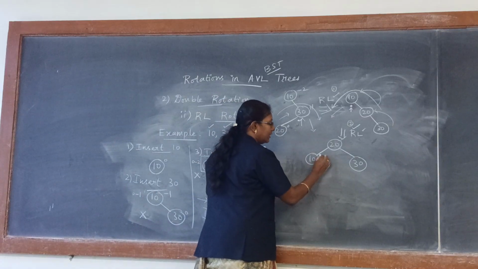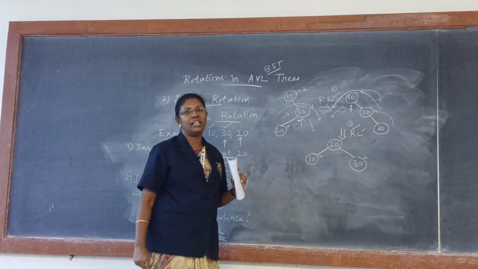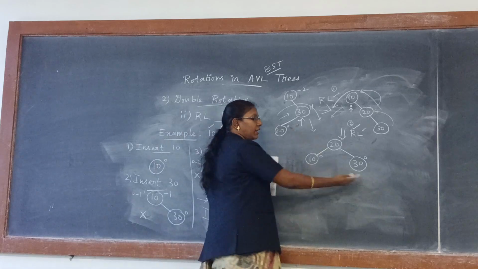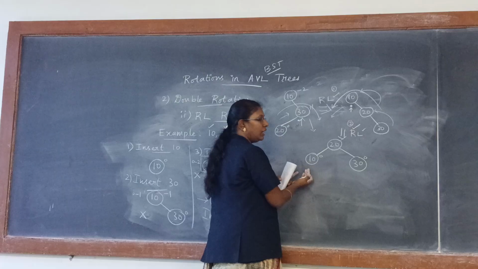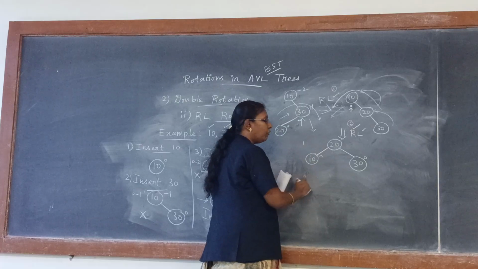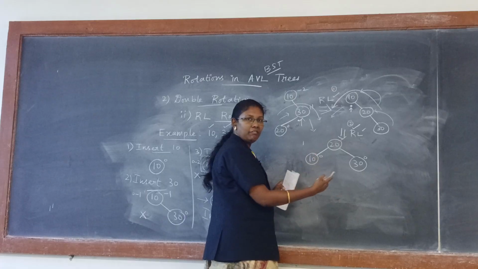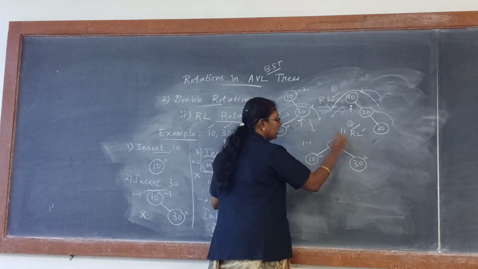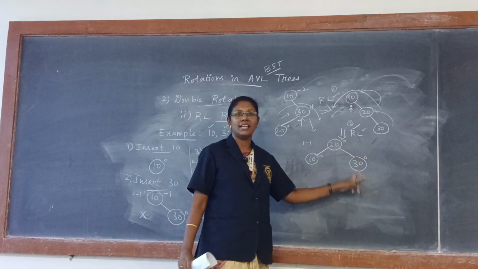For 10, it is 0, and for 30, it is also 0, because 10 and 30 are leaf nodes. That's why the balance factor is 0 here. For 20, the height of the left subtree is 1 as there is only one level, and the height of the right subtree is also only one level. So 1 minus 1 is equal to 0. All the nodes contain the balance factor 0.